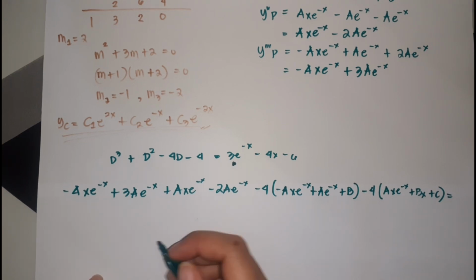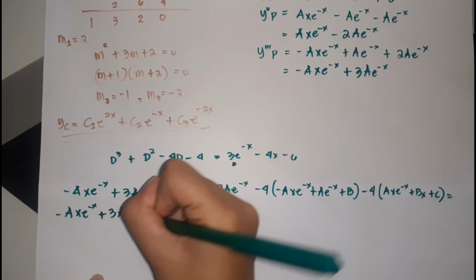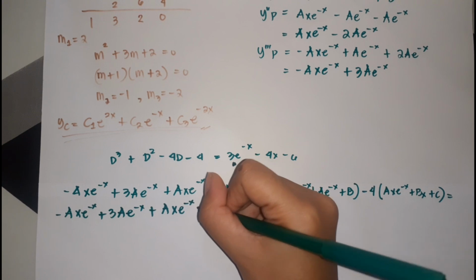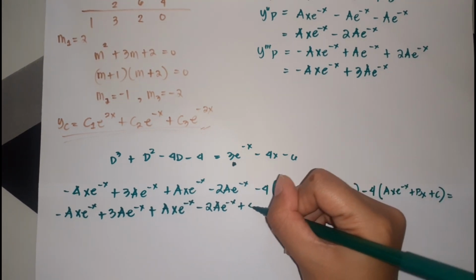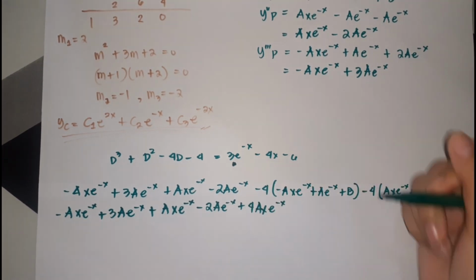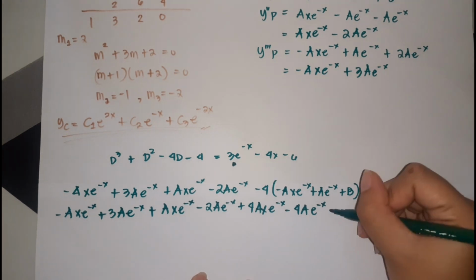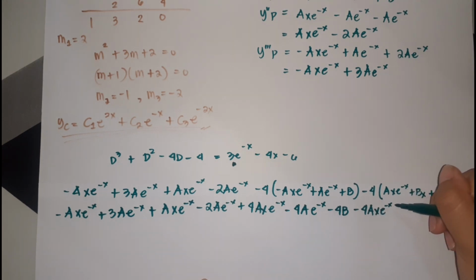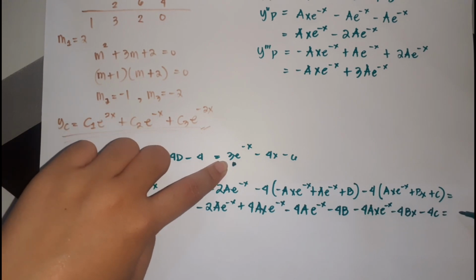Next, we distribute what's inside the parentheses. We can write negative ax e raised to negative x plus 3a e raised to negative x plus ax e raised to negative x minus 2a e raised to negative x plus 4ax e raised to negative x minus 4a e raised to negative x minus 4b minus 4ax e raised to negative x minus 4bx minus 4c equals, and we equate it to our function here.